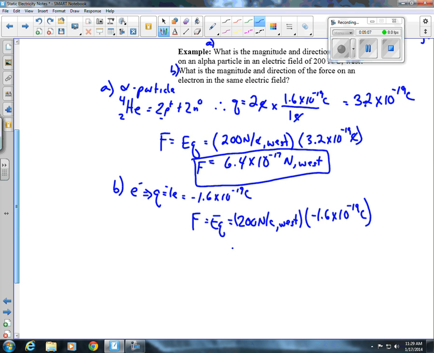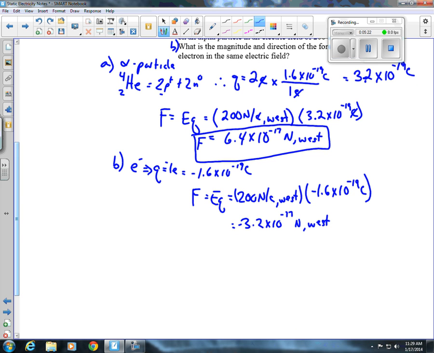And that's going to give me 3.2 times 10 to the minus 17. It's going to be negative because I'm multiplying a positive times a negative. Newtons west. Well, now if I look at that, I have a negative force west. That's really force eastward. So the force is equal to 3.2 times 10 to the minus 17 newtons east.